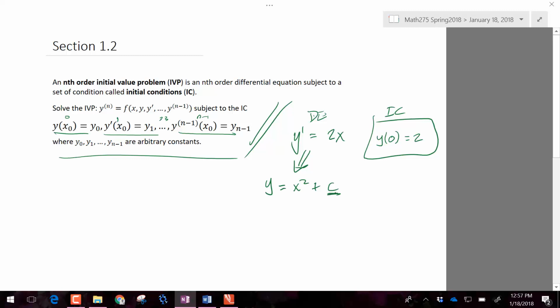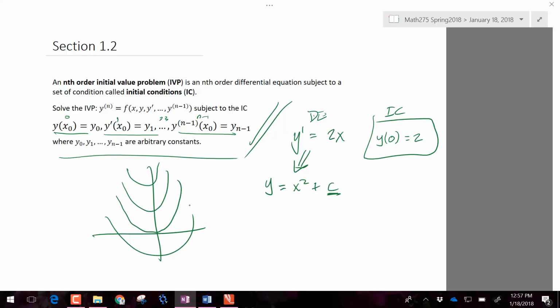The number of arbitrary constants we come up with is the number of parameters we would have. In this case, we have one parameter, and we probably saw this graph back in Calc 2. We have a bunch of different x squared plus c's, depending on what c is equal to. Say c is equal to 0, c is equal to 1, c is equal to -1, etc. Then you'll have this family of curves that would describe the solution.